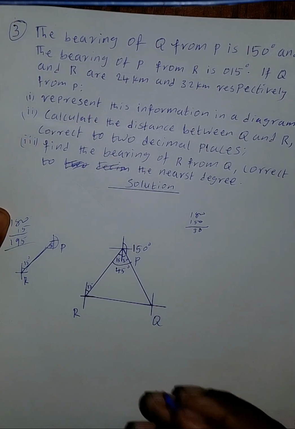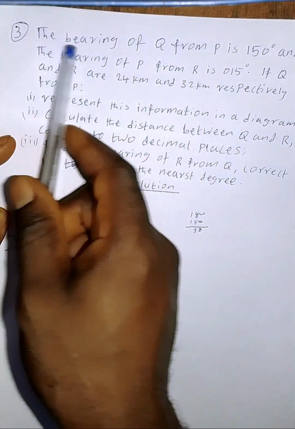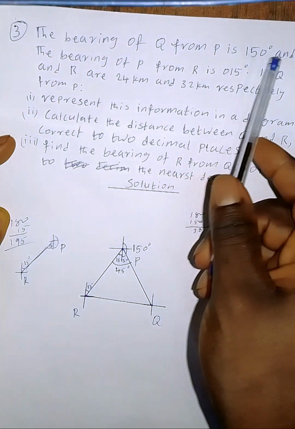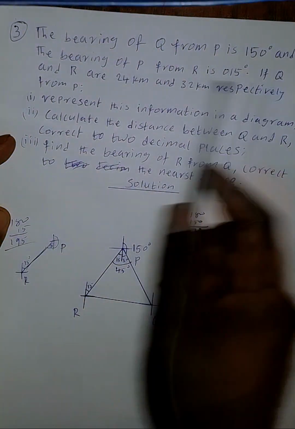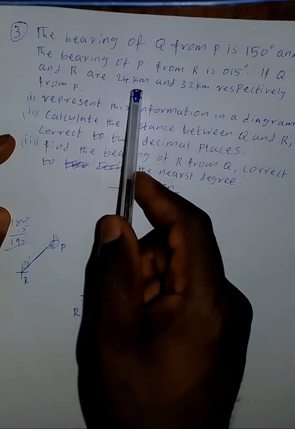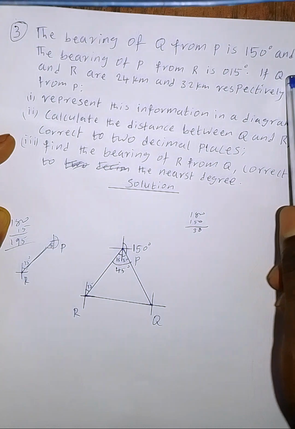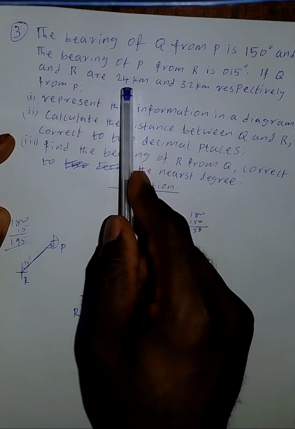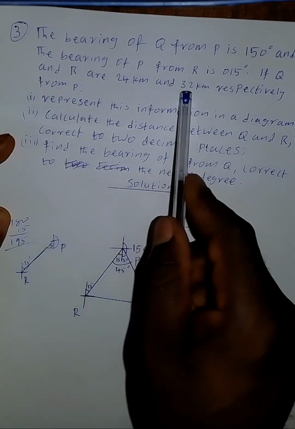Okay, so now add more details from the question. The bearing of Q from P is 150 and the bearing of P from R is 15 degrees. If Q and R are 24 and 32 respectively, it means the first letter takes the first distance and the second letter takes the second distance.